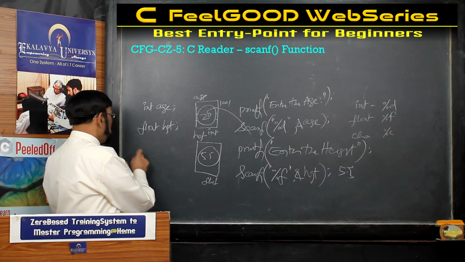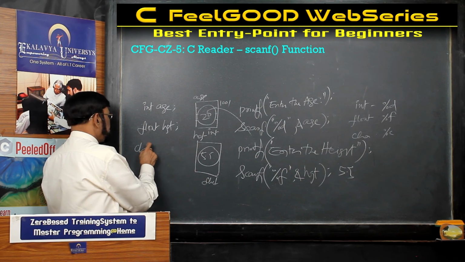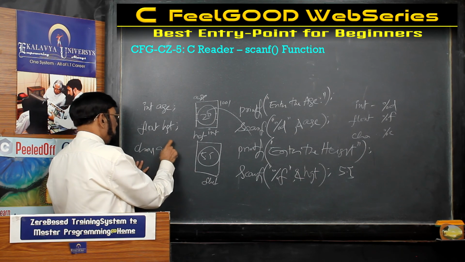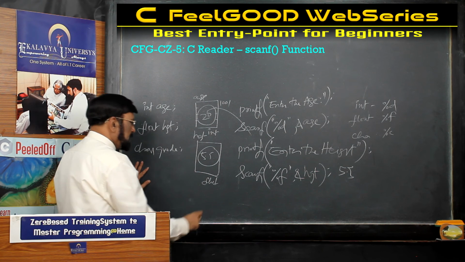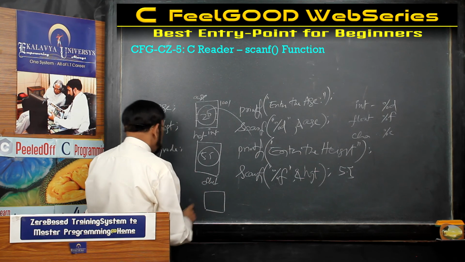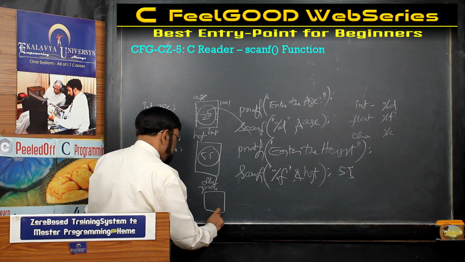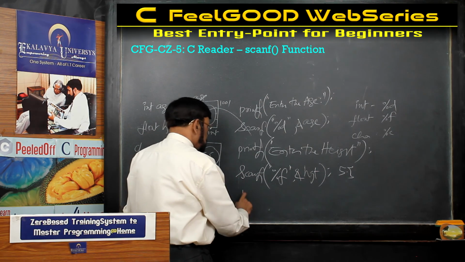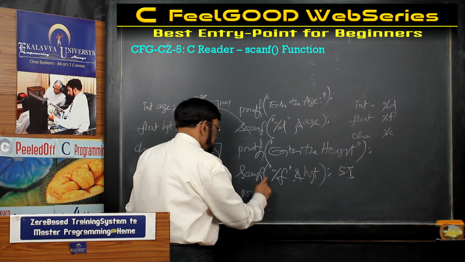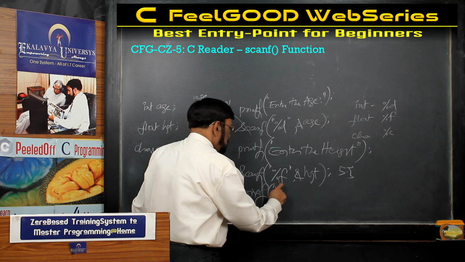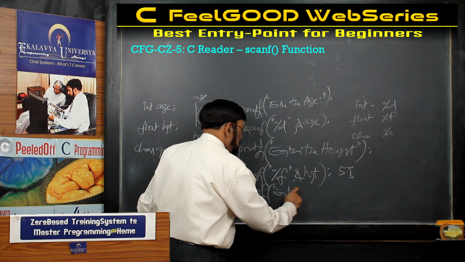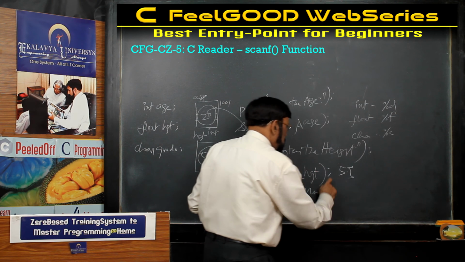Next, one more I write: char grade. As a result, one variable is created. Its name is grade. Its type is char. Now what you have to write? A printf prompt statement: Enter your grade.